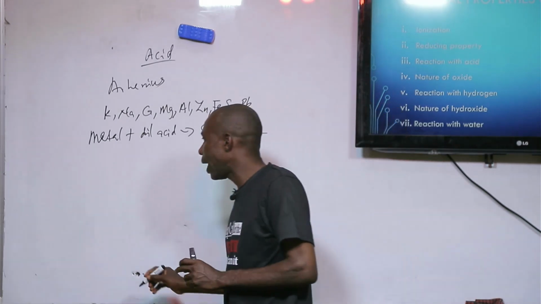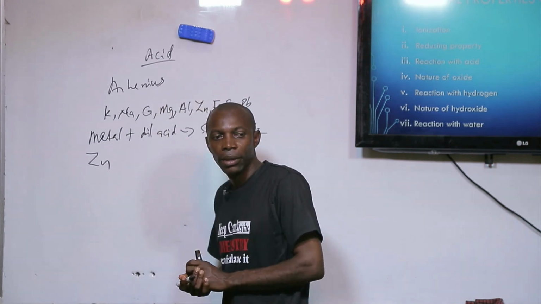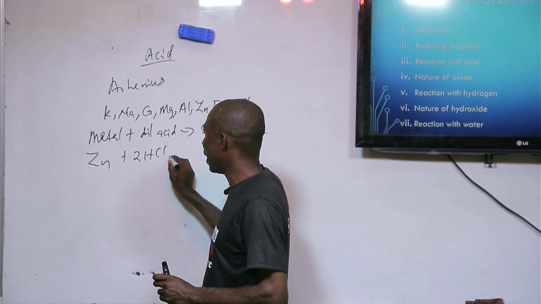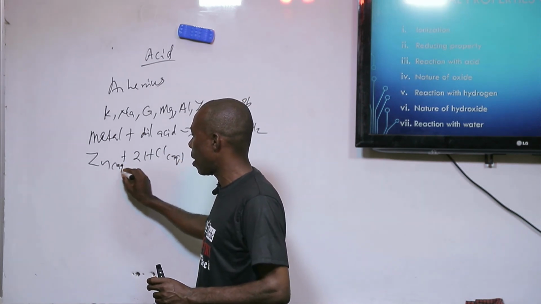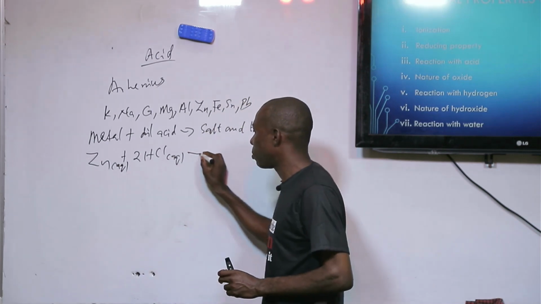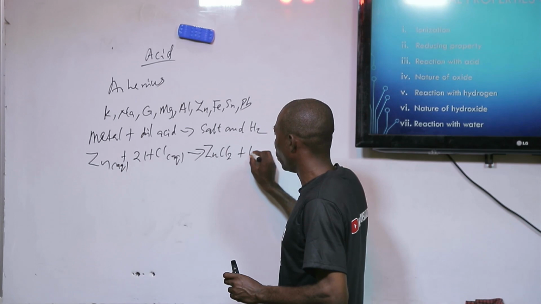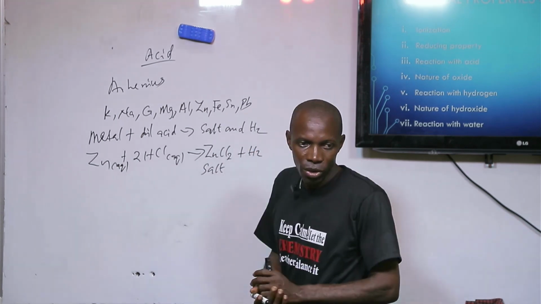If I have something like zinc, which is a metal, and I have hydrochloric acid, zinc will react with hydrochloric acid to give us zinc chloride and hydrogen. The zinc chloride is a salt.